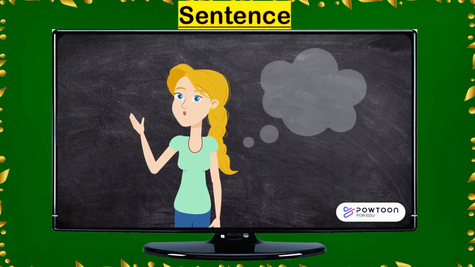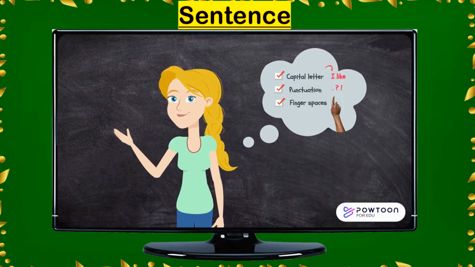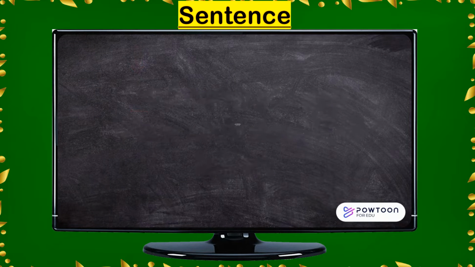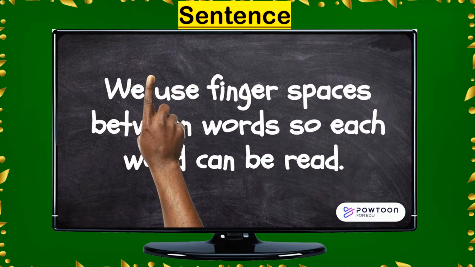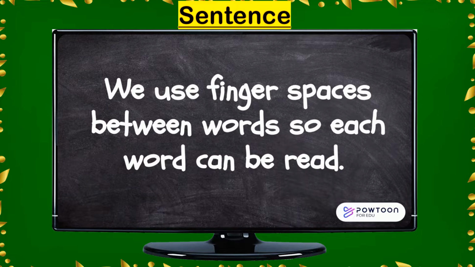When writing a sentence, there are some important things that you need to remember. The first thing is that sentences always begin with a capital or uppercase letter. The next thing to remember is to use finger spaces between each word, so we know when a word ends and a new one begins.